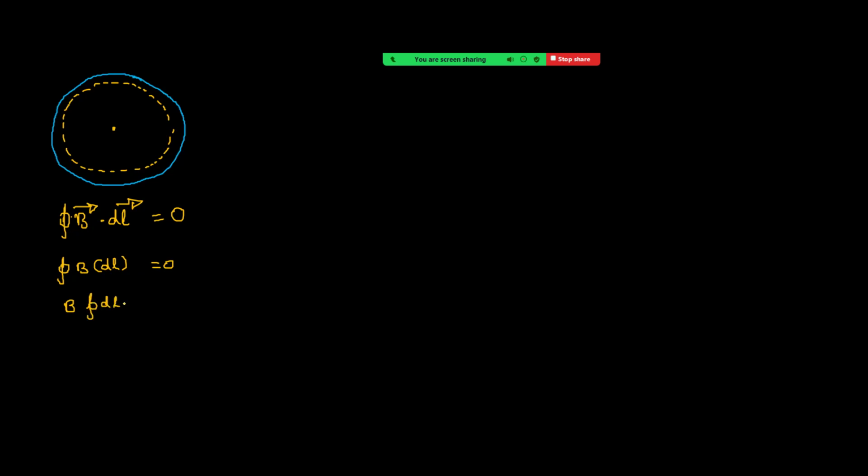It is clear that this value is not 0, so only B should be 0. From this we conclude that at any point inside a hollow cylinder, there is no magnetic field.